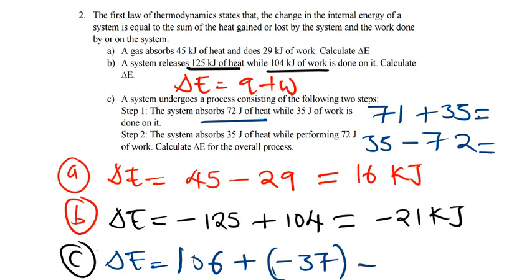So 106 minus 37, that gives us what? I don't trust my calculations. This is giving me 69 joules. If our computations are all fine, then that's what we have. Okay, 71 plus 35 is 106, right? And then 55 minus 72.